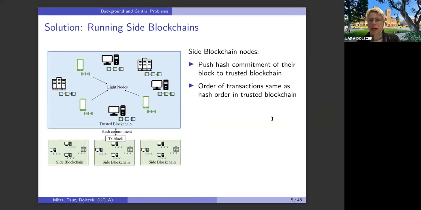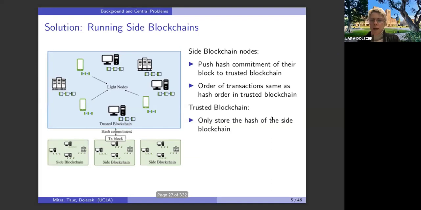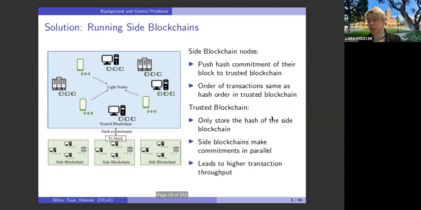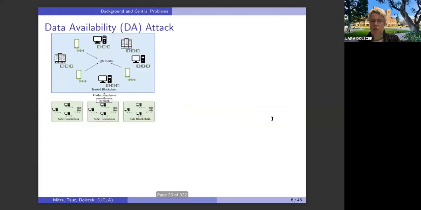The order of transactions will be the same as the hash order in the trusted blockchain. This is one proposed architecture: the trusted blockchain would only store the hash of the side blockchains. Since side blockchains can make commitments in parallel, things can be done much faster. So this leads to higher transaction throughput.